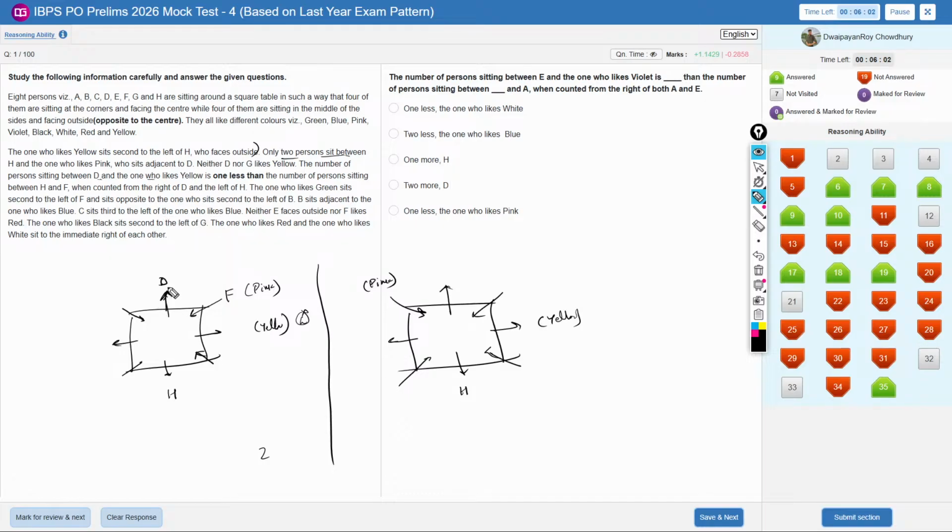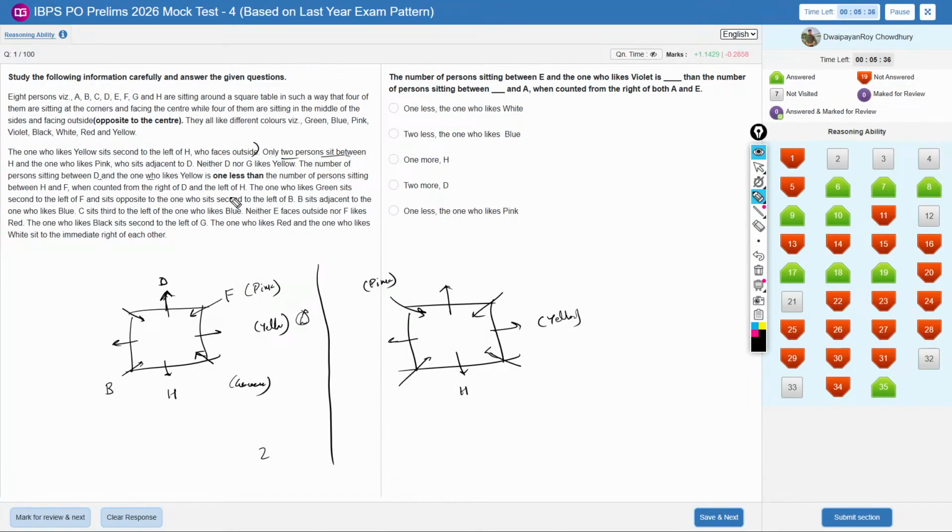C sits second to the left of the one who likes blue. Green sits second to the left of F and sits opposite of the one who sits second to the left of D. This is adjacent to the one who likes blue.